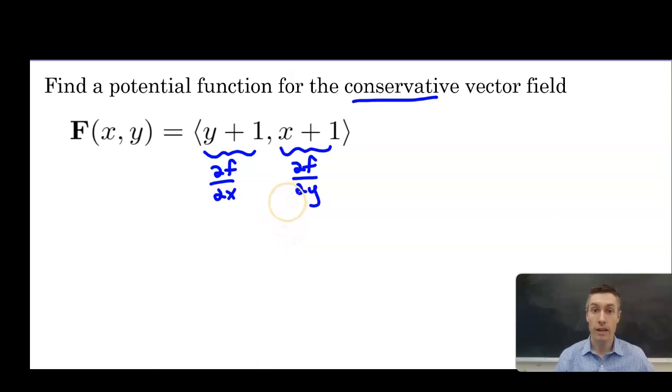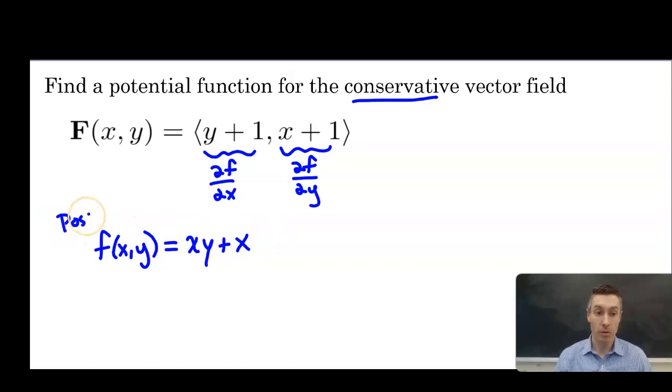So if we just try to logically think through this, we need to take y plus 1 and go back a step before it was differentiated with respect to x. So what could that have looked like? So we could say that would have been xy plus x.